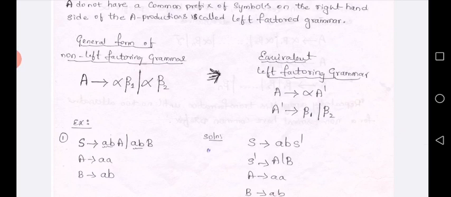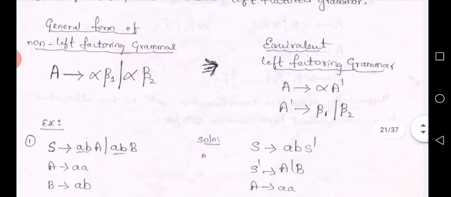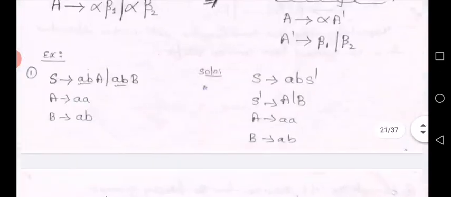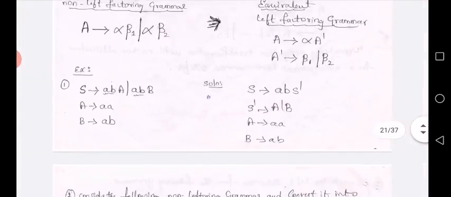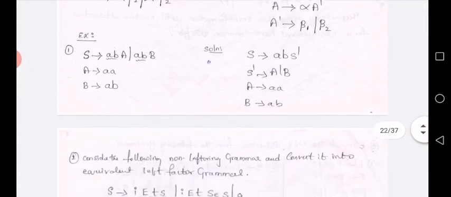So this is the non-left factored grammar. The equivalent left factored grammar: we have A derives alpha A1, and A1 derives beta 1 or beta 2. That is the left factored grammar. Now we'll see how we can deal with this.